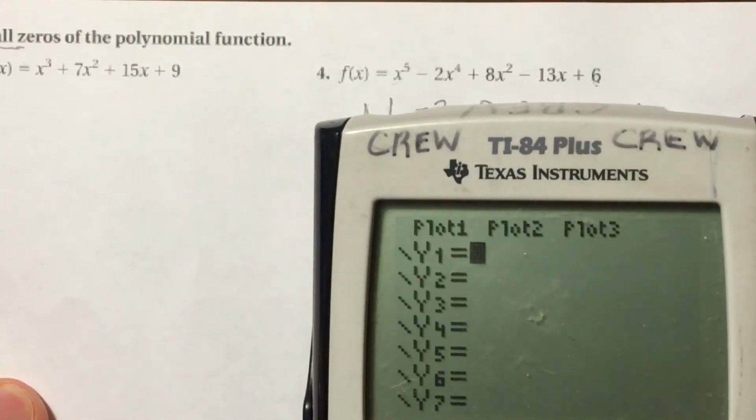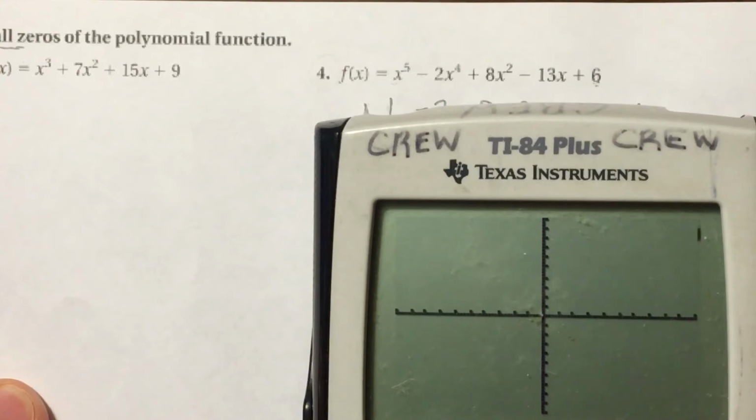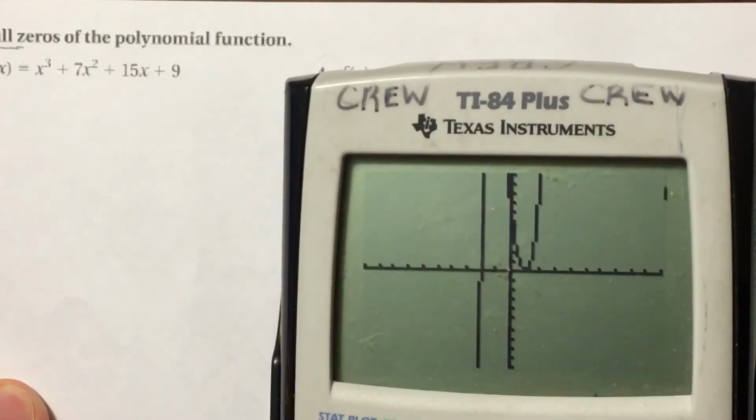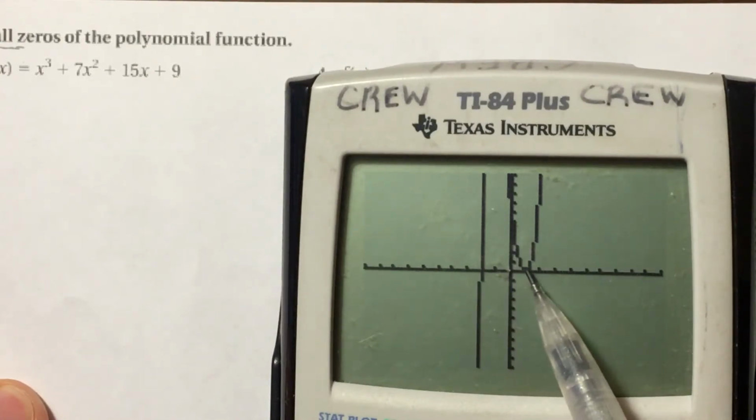Turn it on. Y equals, I got x to the 5th minus 2x to the 4th plus 8x squared minus 13x plus 6. Graph. We see we have an x-intercept here, and we have a repeat here.